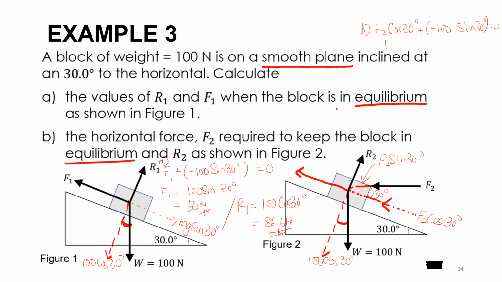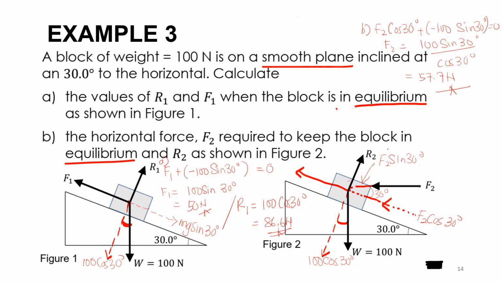Therefore, my F2 will be equivalent to, moving this one over, 100 sine 30 degrees divided by cos 30 degrees. So 0.5 divided by 0.86. When you work that out, you should be able to get the answer 57.7 Newton. Done.